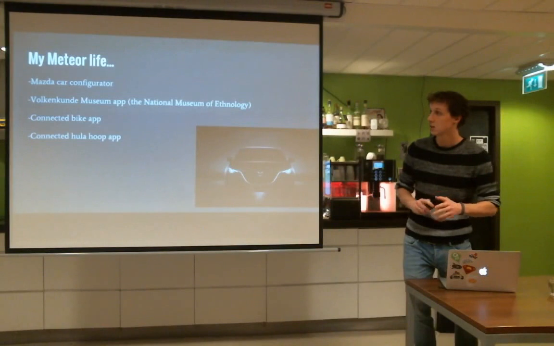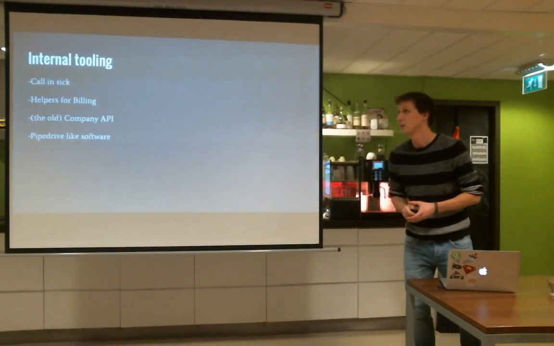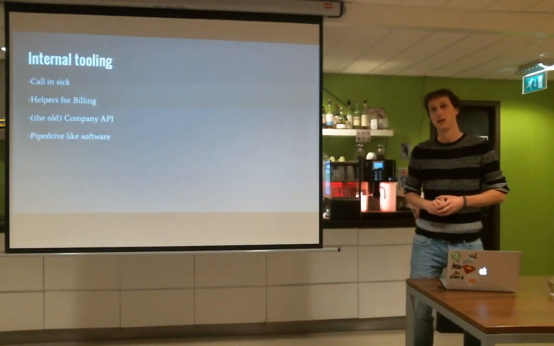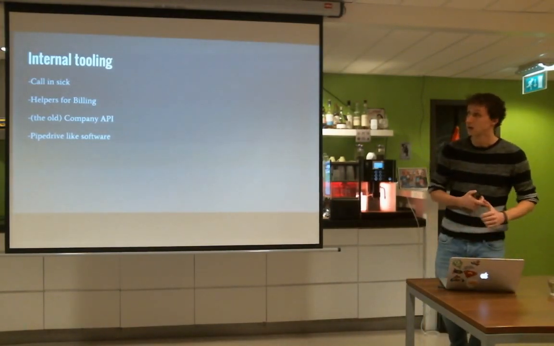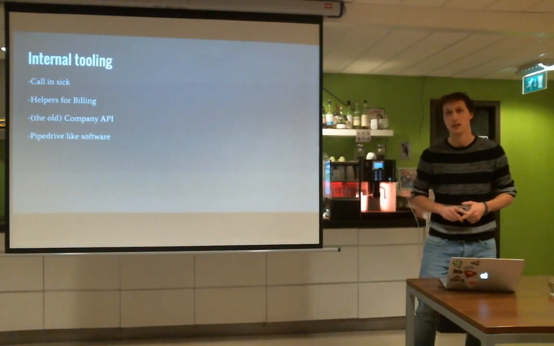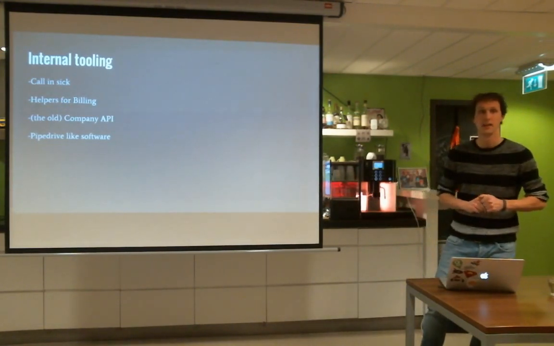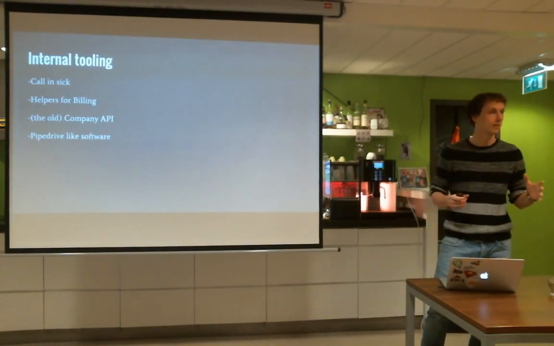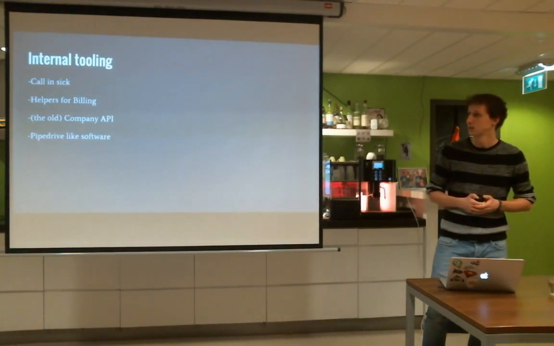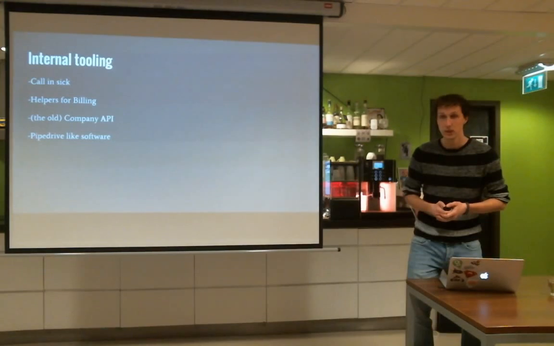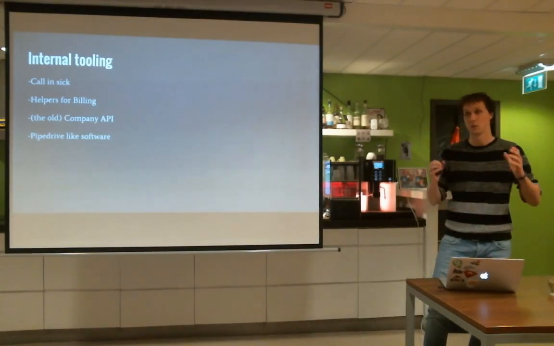What I also do here at Q42 is the internal tooling. Some of those tools are for calling in sick, helpers for billing, so everyone has an overview of the projects we do and the hours we write, and the company API. That's the API with our company data.